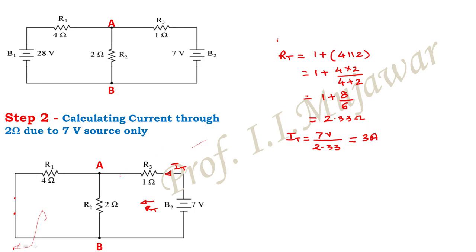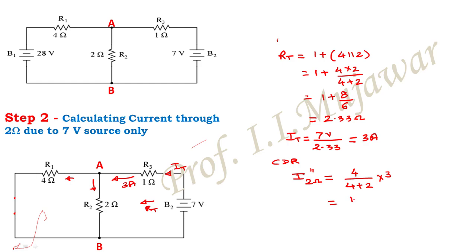That means 3 ampere current is the current that reaches node A, and afterwards that current gets divided in the 2 ohm resistance and 4 ohm resistance. So again, by using the current divider rule, with the notation I2 ohm double dash for the current flowing through 2 ohm due to the 7 volt source, it is the opposite resistance 4 divided by 4 plus 2, into 3.